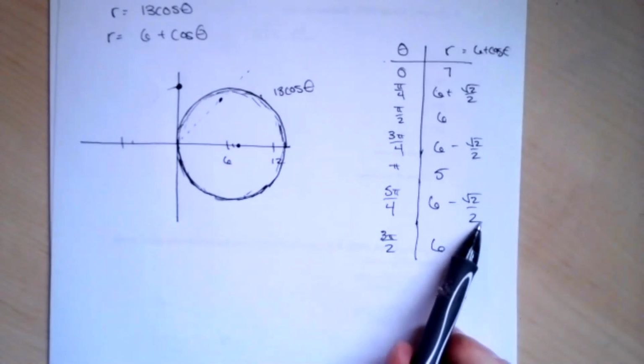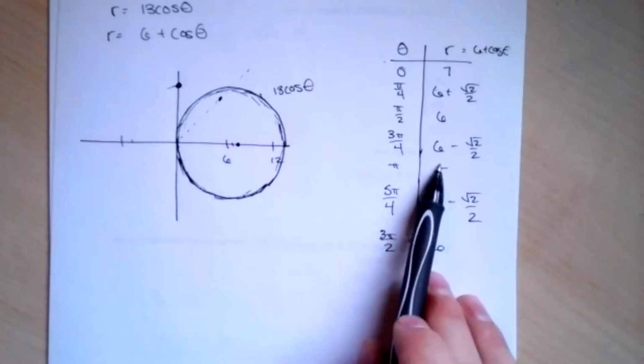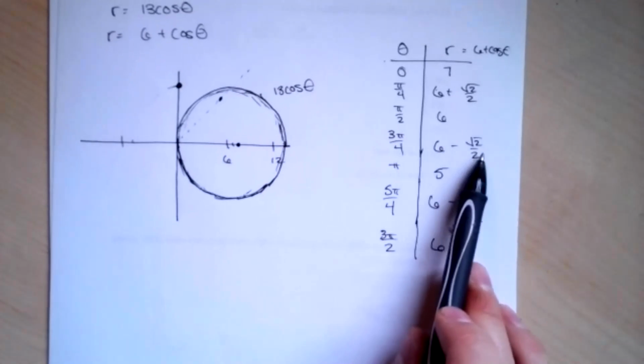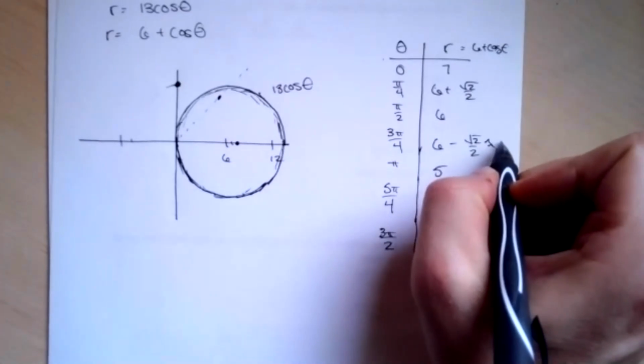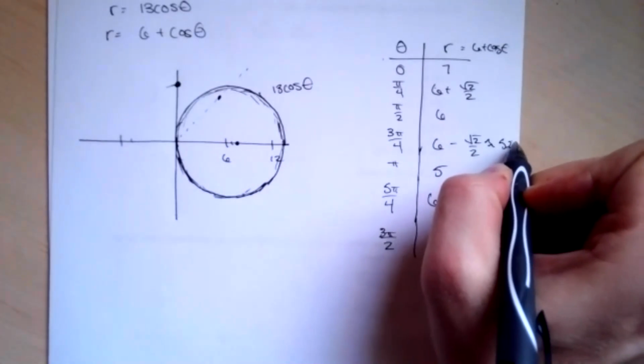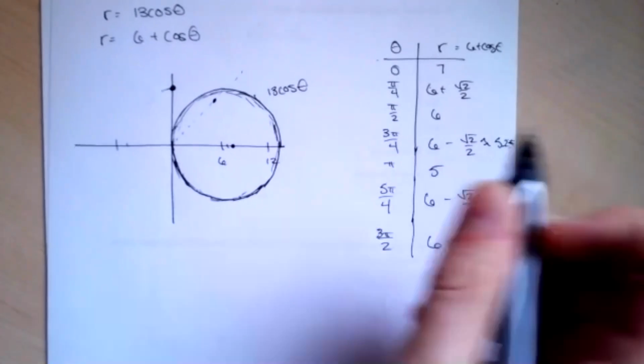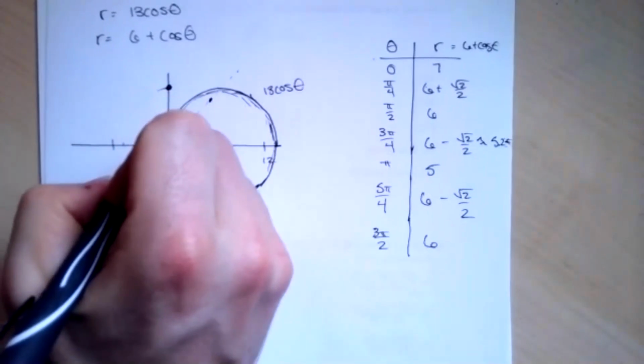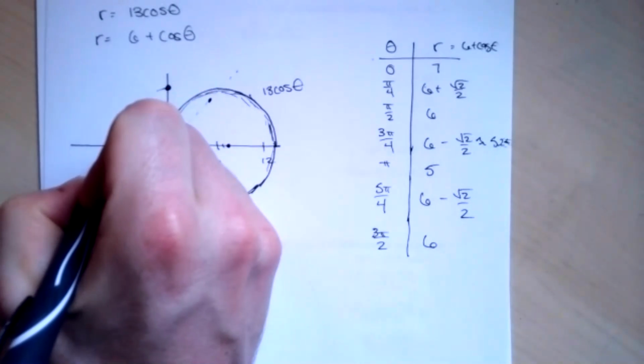One thing to note, root 2 over 2 is about 0.75. So this 6 minus root 2 over 2 is going to be like 5.5, 5.25. So the radius is actually going to be bigger, and then it's going to shrink down at 5.